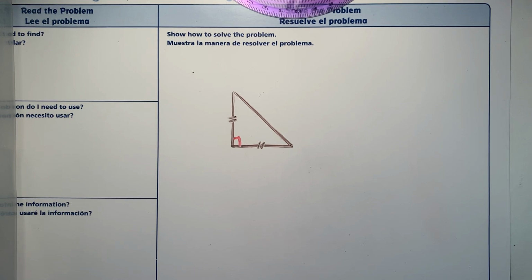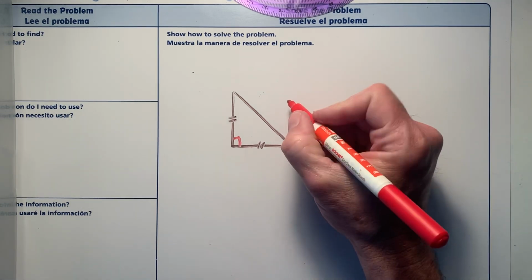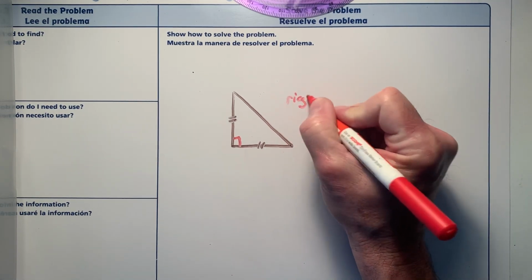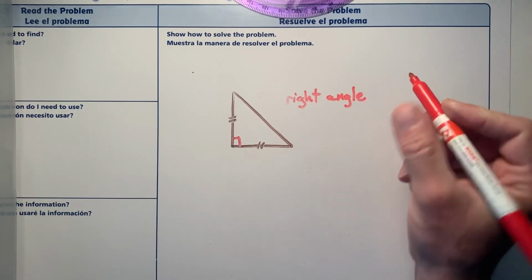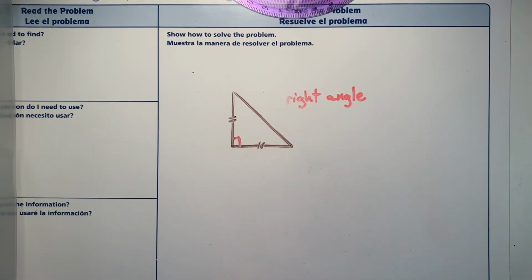This triangle can be identified 2 ways. You should be saying to yourself that this has a right angle. Correct. This is a right angle triangle. There is something else to this one that you should notice.